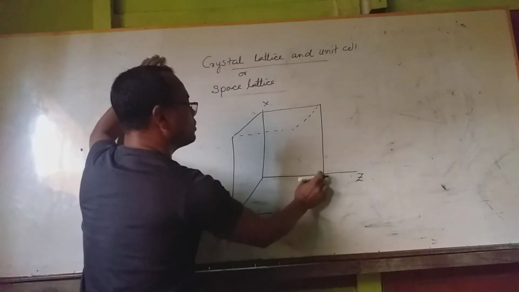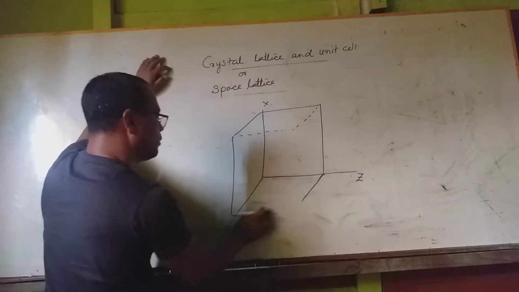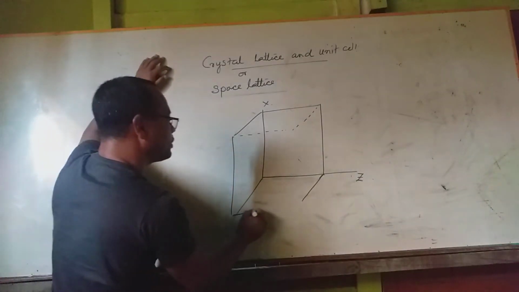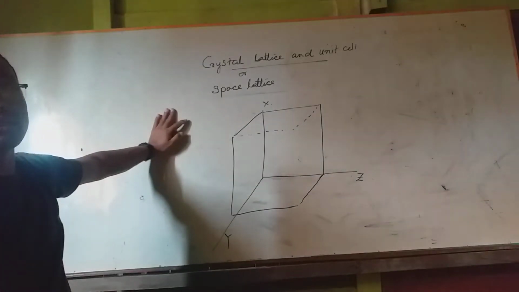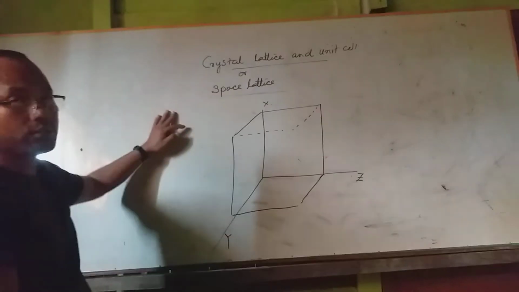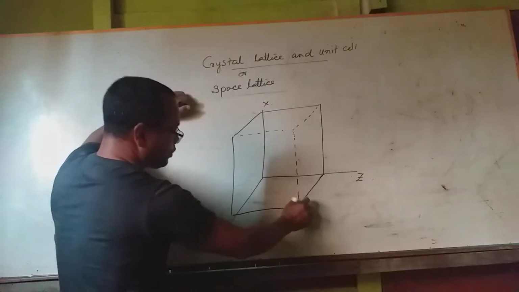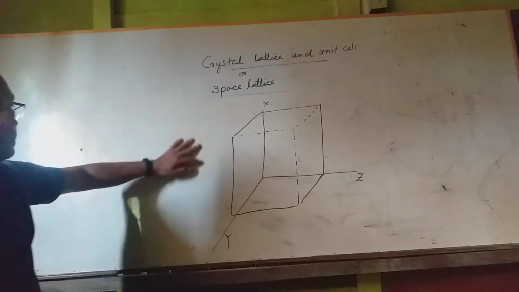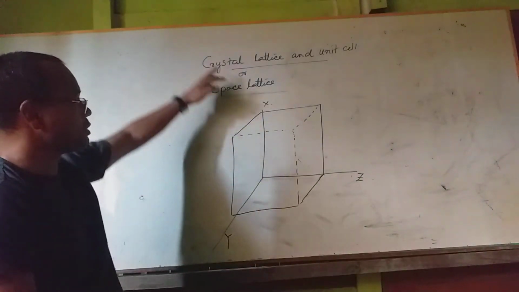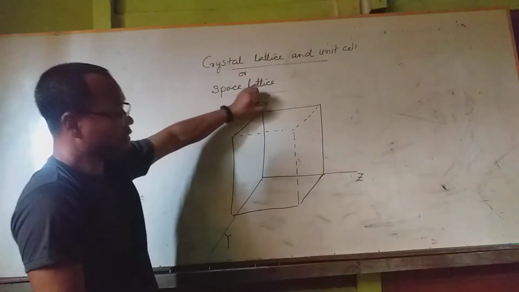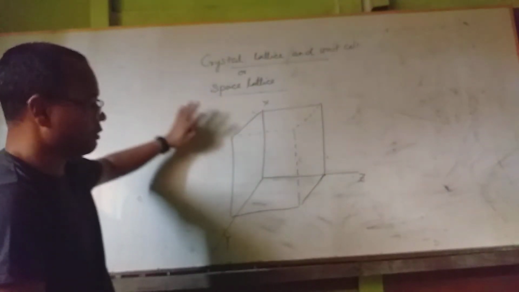We studied it through a very sophisticated technique, that is what we call X-ray crystallography. Through that X-ray crystallography, this is supposed to be a crystal, right? Now this crystal I bring here in this space, that is what we call space lattice. Now we place this crystal in this space, right?